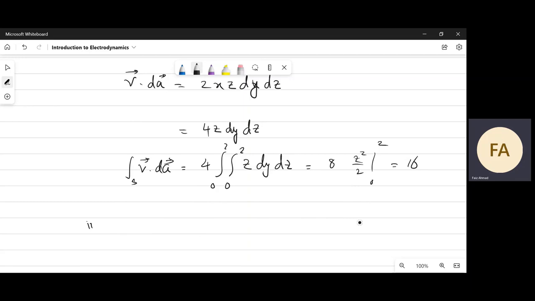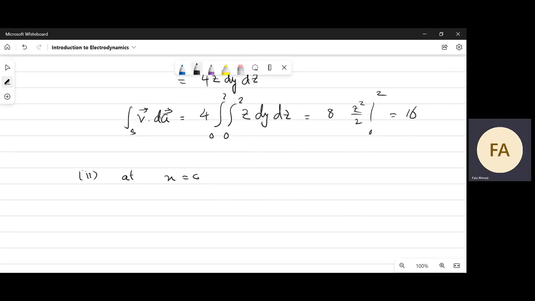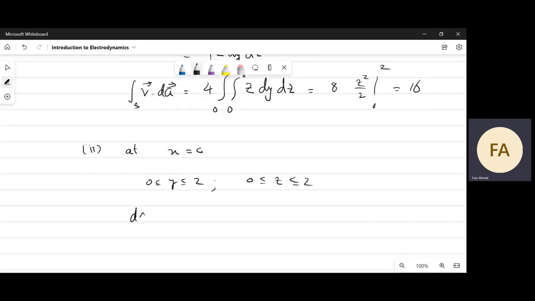Now let's try face 2, which is at x equal to 0. Again, the limits for integration for z and y are from 0 to 2 and 0 to 2, but now the face is on the negative side of the x-axis. We have to put a negative sign here, so it will become negative dy dz x.